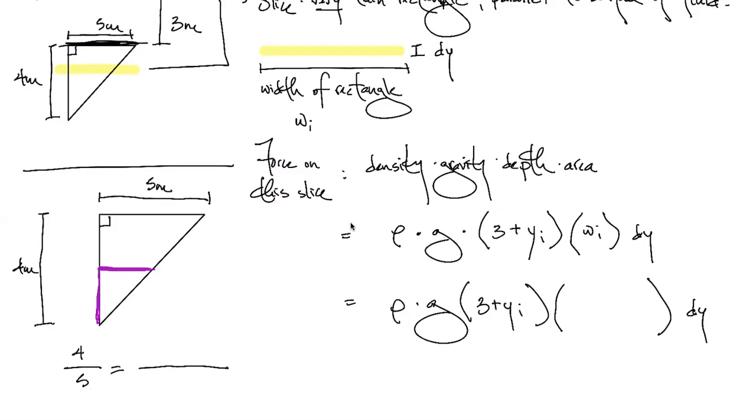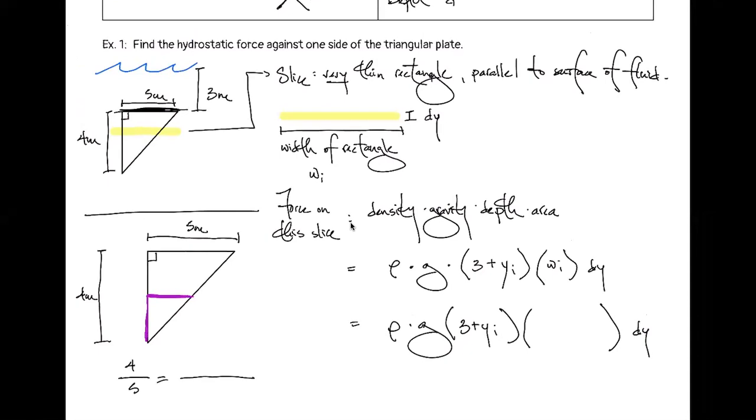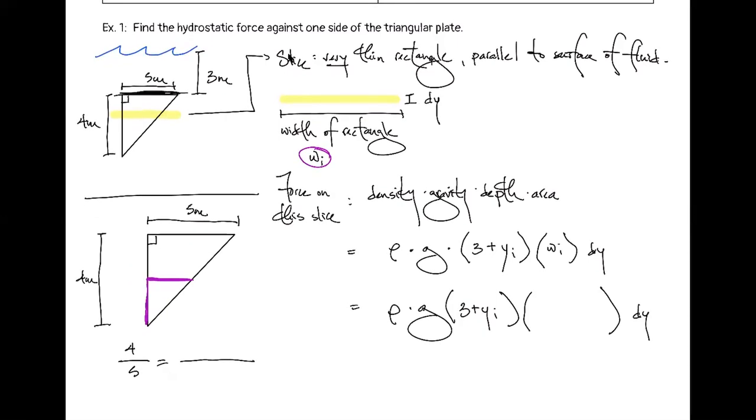But what does that horizontal line represent in some of the other diagrams we've seen? 4 minus y. 5 minus x, 4 minus y. It could be 5 minus x, but we could even also just think about this as the width of a rectangle, right? That's okay. It's Thursday. It's the end of a long class.